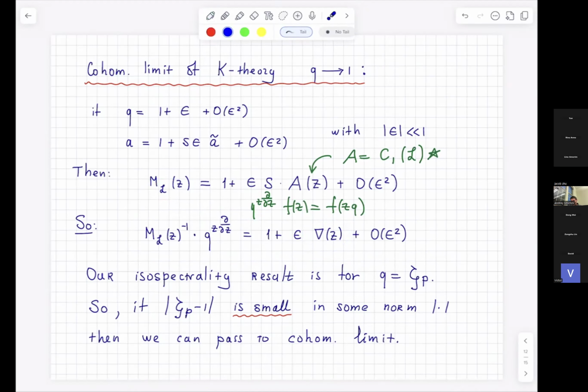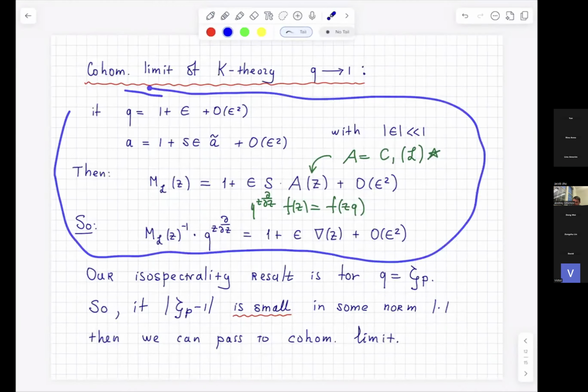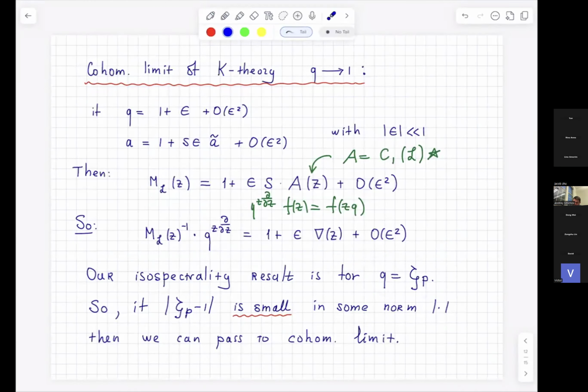Recall that our isospectrality result holds when Q is a root of unity, a pth root of unity. So in order to use all these expansions, I need to set Q to be 1 plus some small parameter.